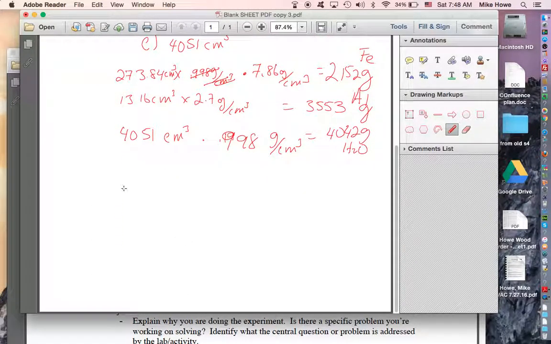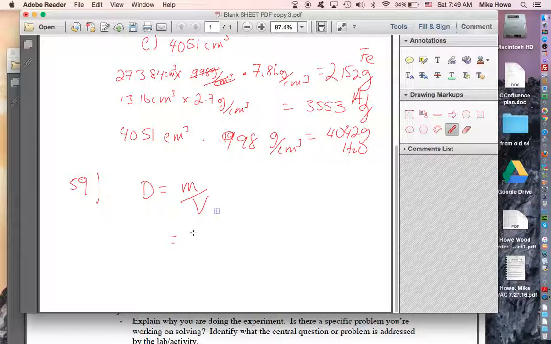All right, 58. I'm sorry, 59. We want to find the thickness of the foil, and that is really just a problem we did in advance. We did not do it in general, but we had a little sheet of foil and we needed to find its thickness. So we know that density is equal to mass divided by volume.